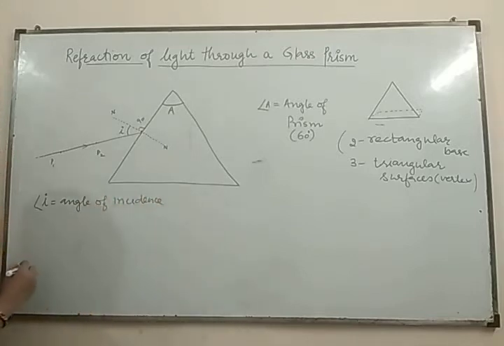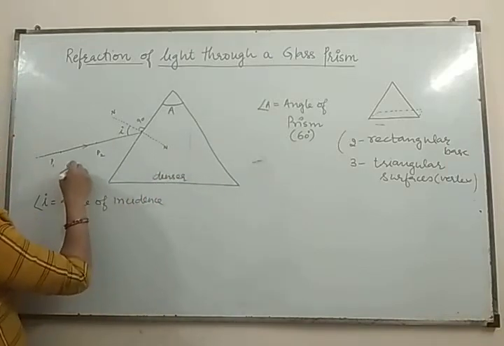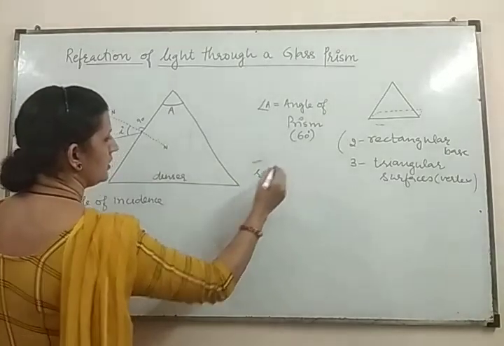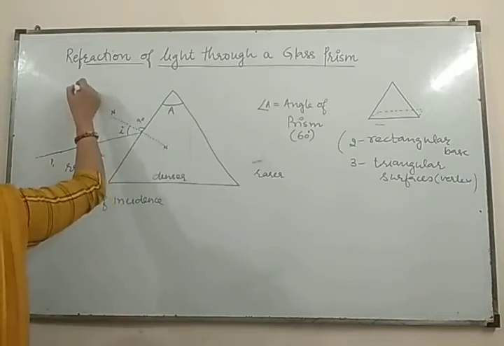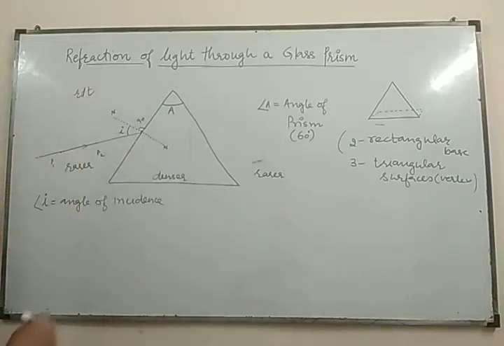Then what will happen? This is the denser medium and this is the rarer medium. Again this side is also the rarer medium. So the ray is traveling from rarer to denser medium, R to D, T. It will bend towards the normal.